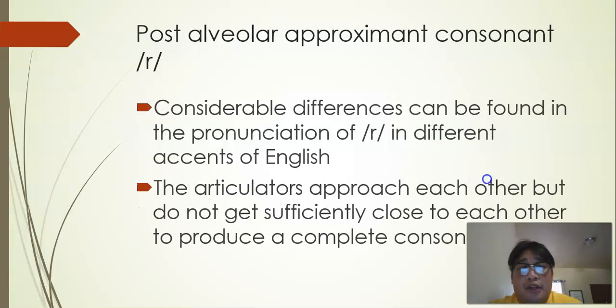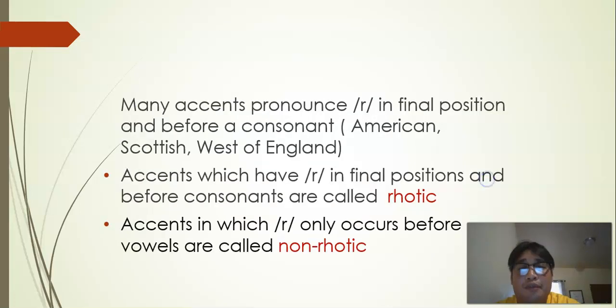Considerable differences can be found in the pronunciation of R in different accents of English, British and American. The articulators approach each other but do not get close enough to produce a complete consonant. If you focus on making the R sound, you'll notice that the articulators come close, but they do not make full contact with each other, which makes R very unique.